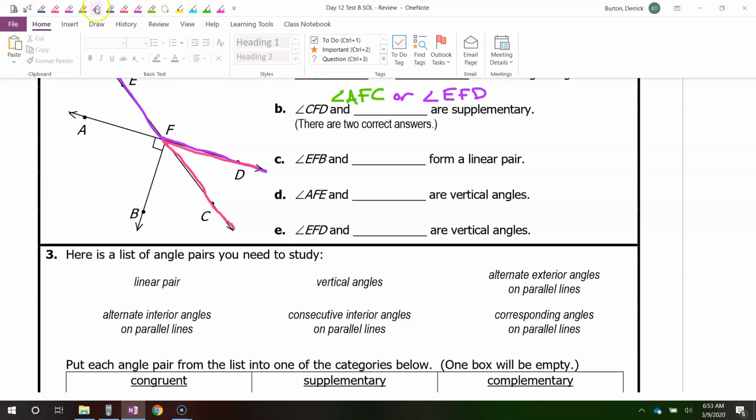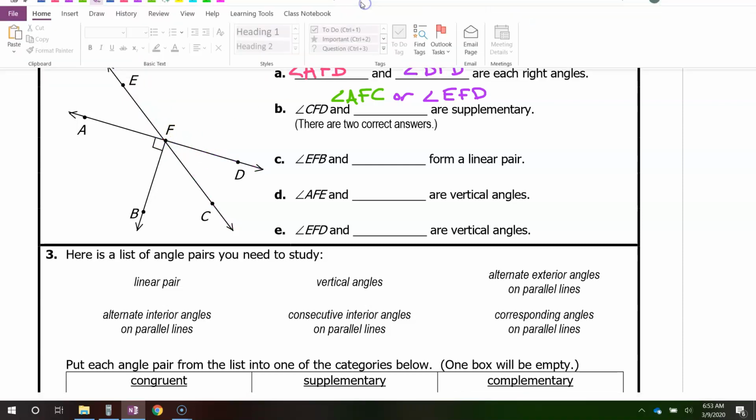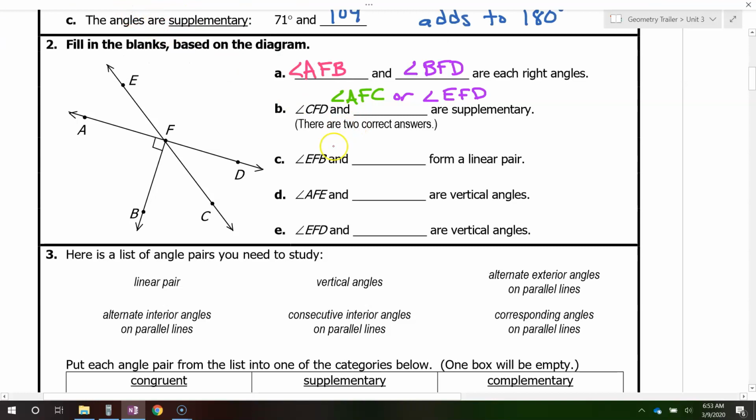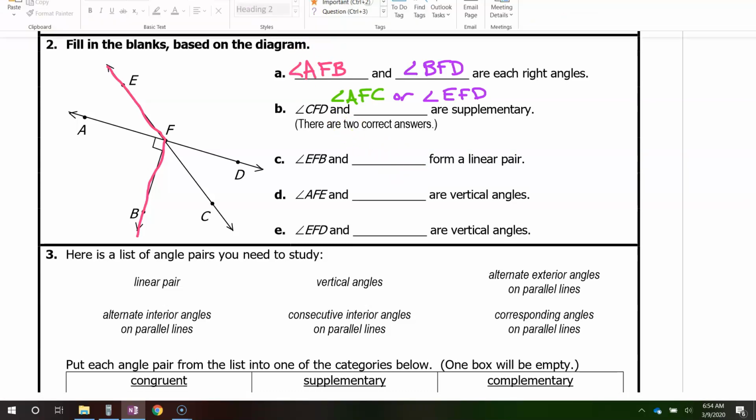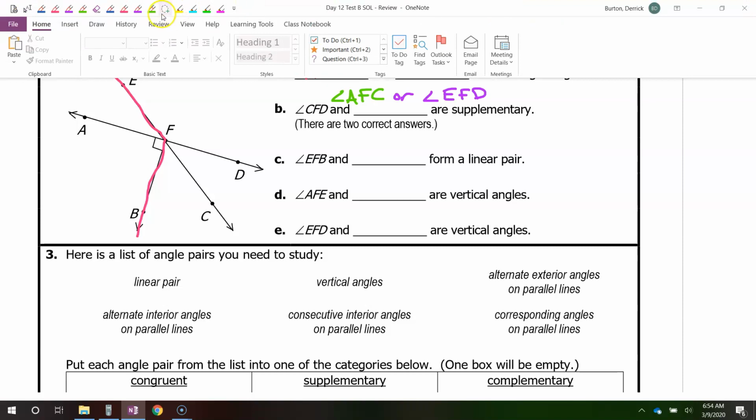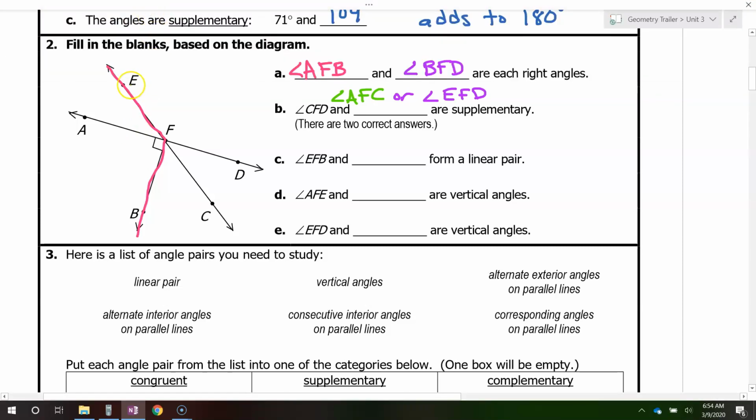All right, so let me clean that up for a second. Angle EFB, well, let's get that nailed down first of all. Here's angle EFB, and blank form a linear pair. So again, I'm looking for a straight line. So I really need to continue one of the two sides that I already have.